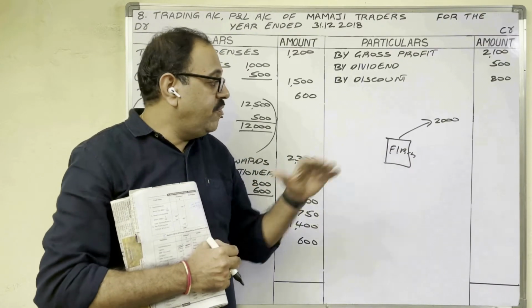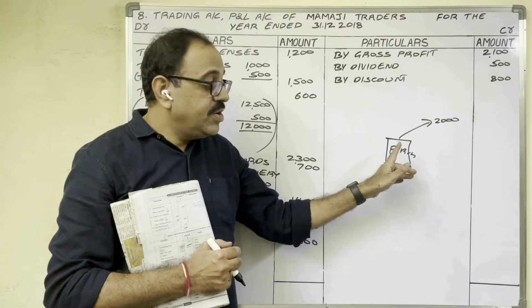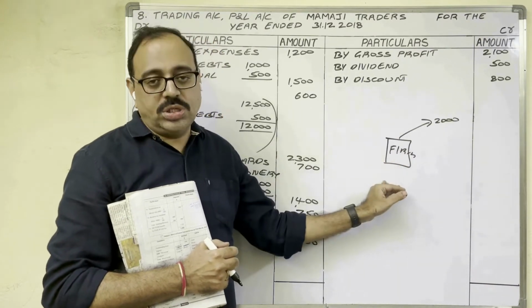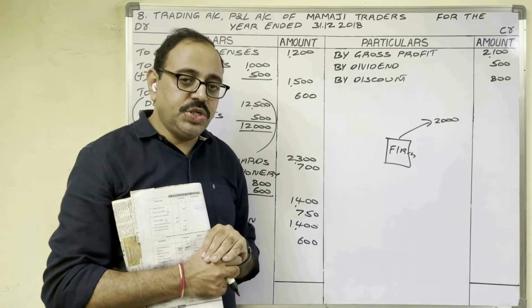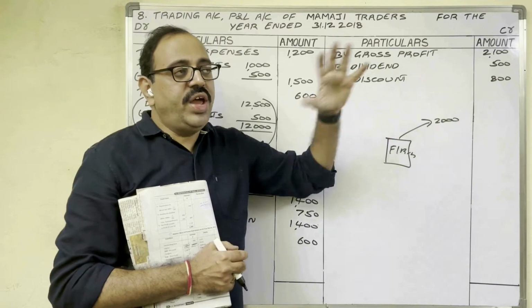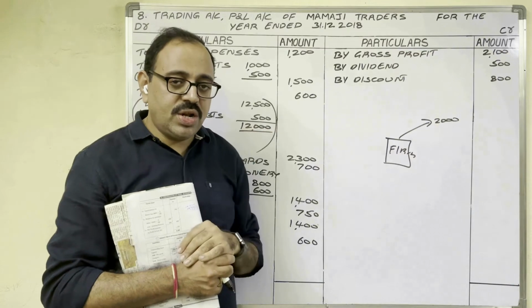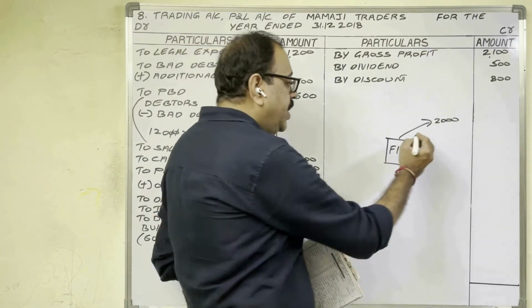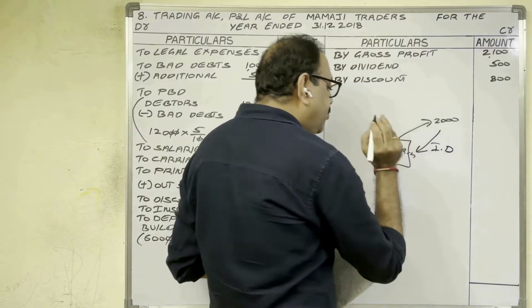According to that, when owner brings capital into the firm, we assume that firm is taking loan from outsider. When owner takes drawings from us, we assume that we are giving loan to one outsider. So when we give loan to outsider, then we receive interest on that. Therefore, interest on drawings, owner should pay to the firm.